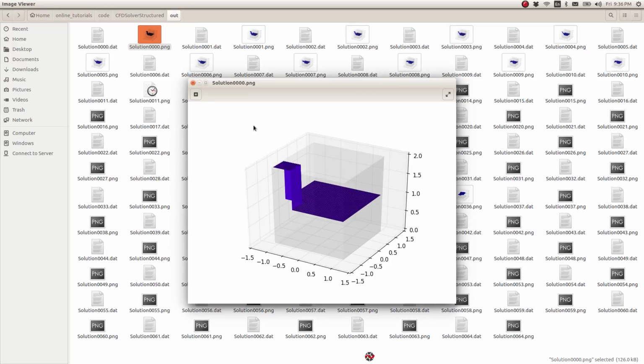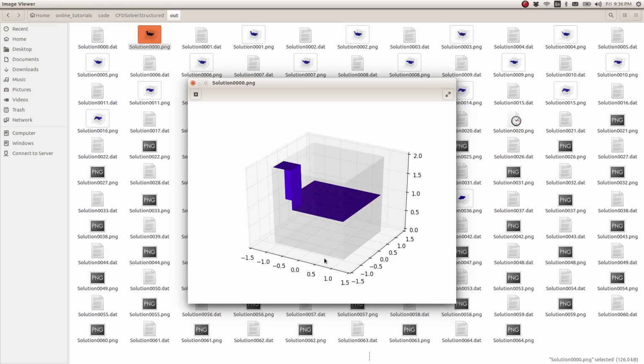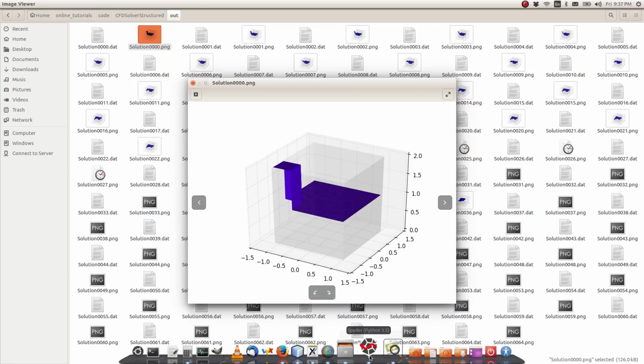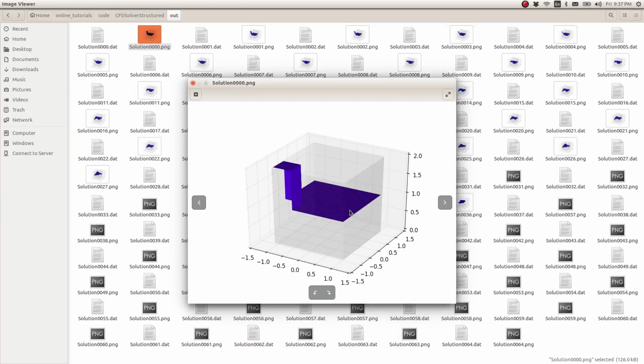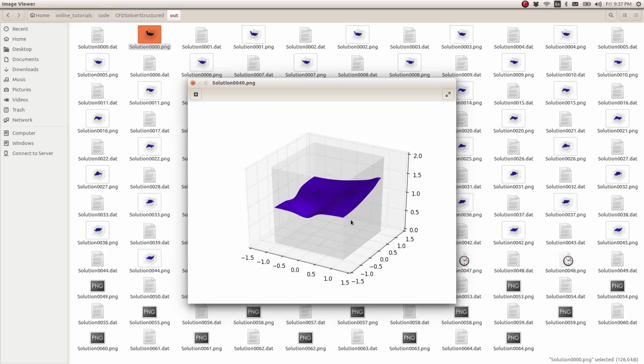Actually, I should have put the dam on the other side so that we can see it sloshing towards this side. Anyways, doesn't matter. So we can see the dam, the water column collapsing and the wave kind of traveling through the medium, and because of the walls it's unable to go further.